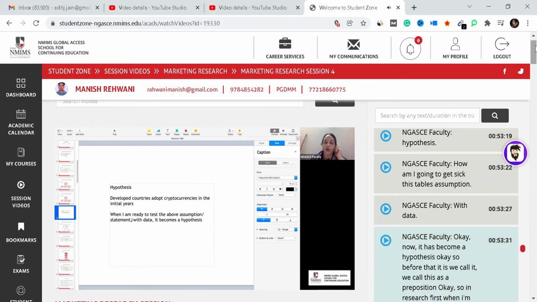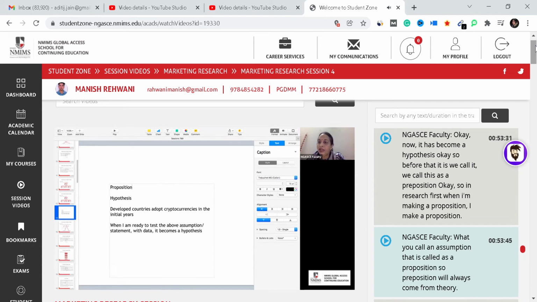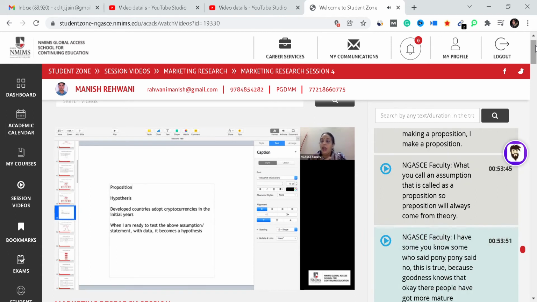Before that, we call this a proposition. So in research, first I make a proposition. What you call an assumption is called a proposition. So a proposition will always come from theory. Puneet said, no, this is true, because Puneet knows that people there have more matured investment strategy.